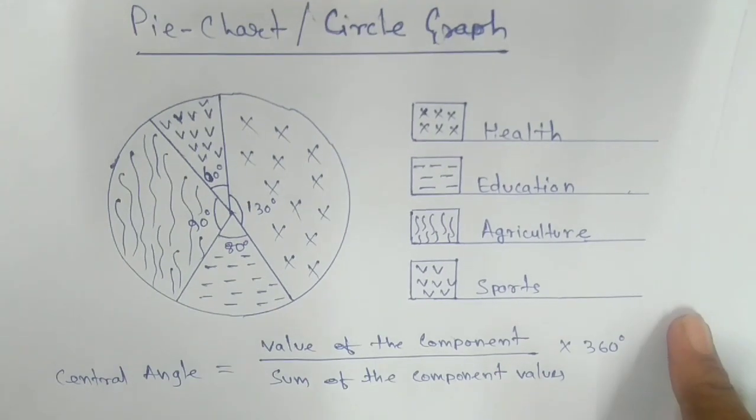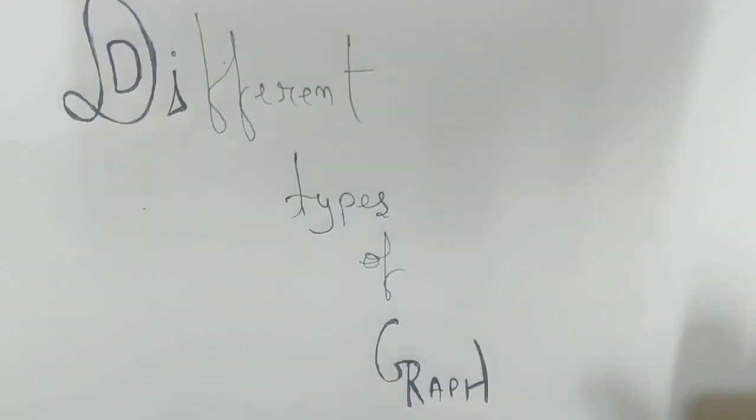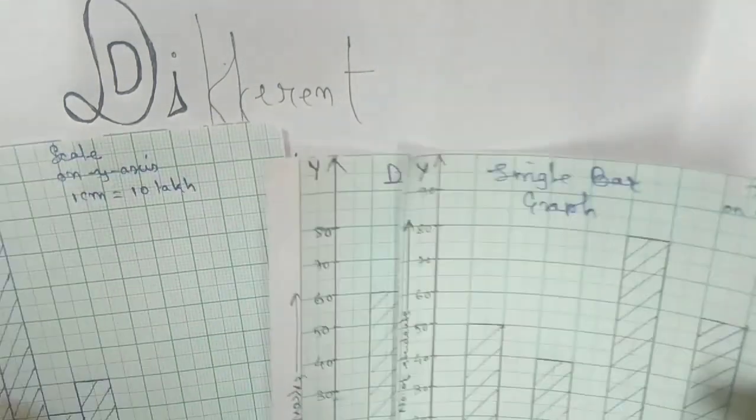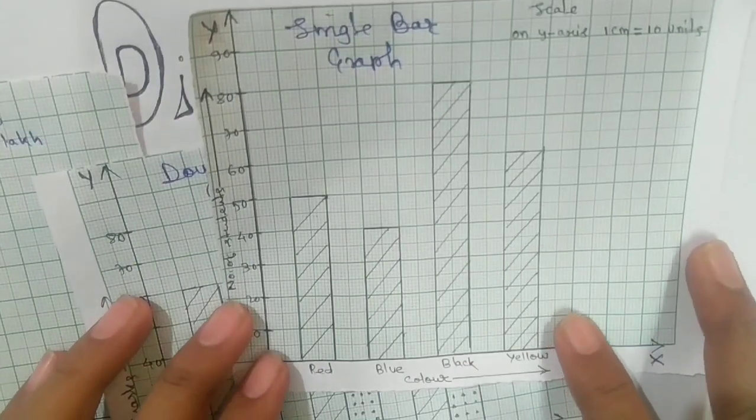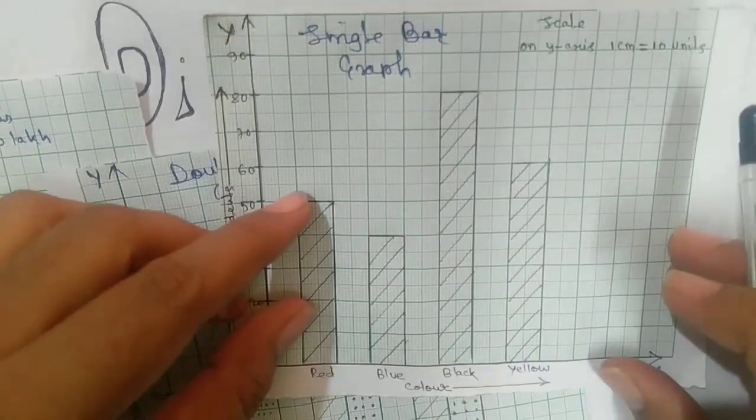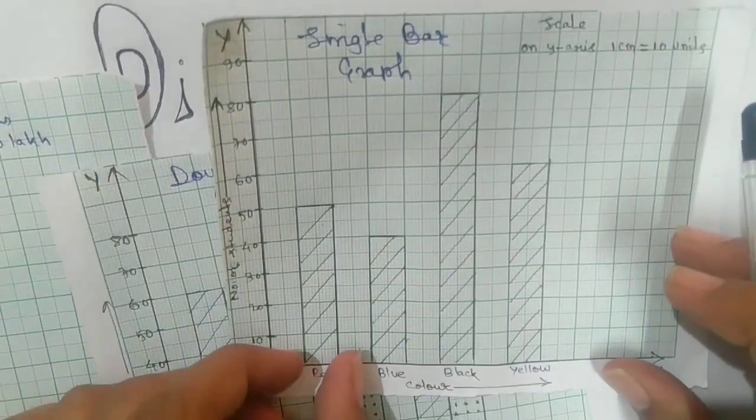Next we'll proceed to the bar graph and histogram. Here is the difference between them. You can see the first one we call a single bar graph. Bar graph means rectangular strips with uniform width.